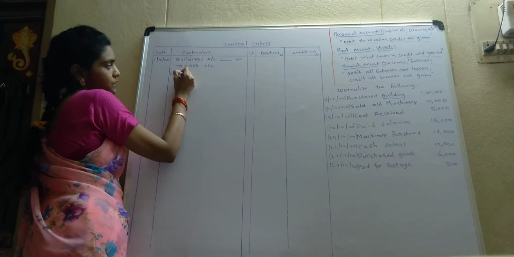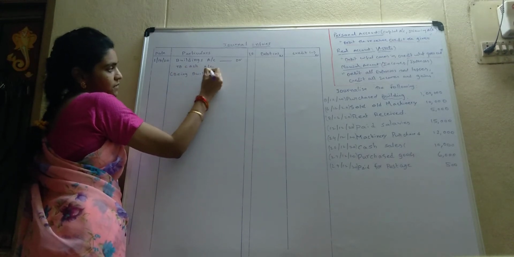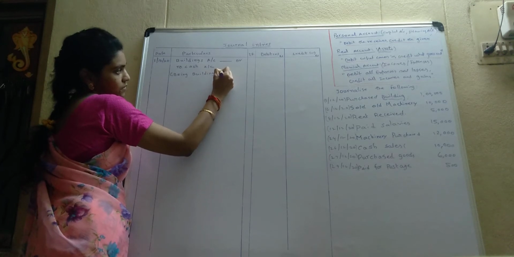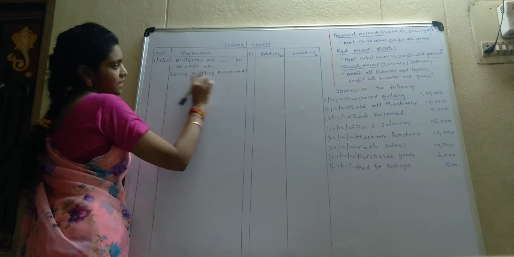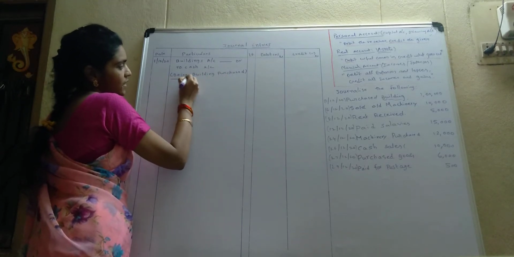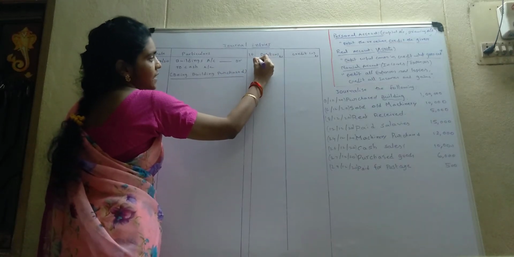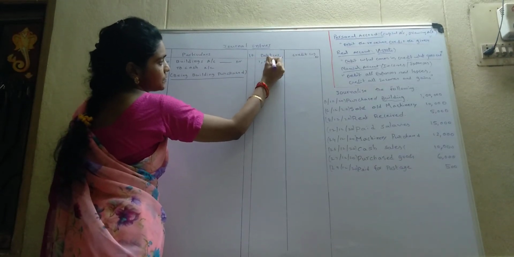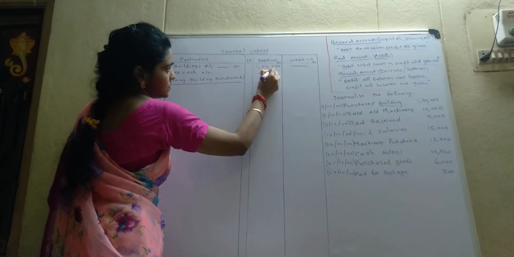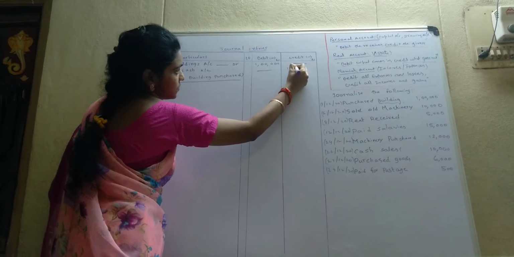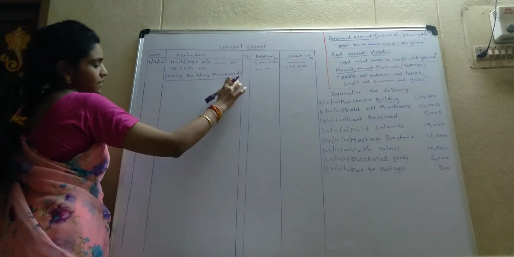Being building purchased. This is called narration. You have to underline this. And now enter the amounts. Like this we have to write. One transaction is completed here.